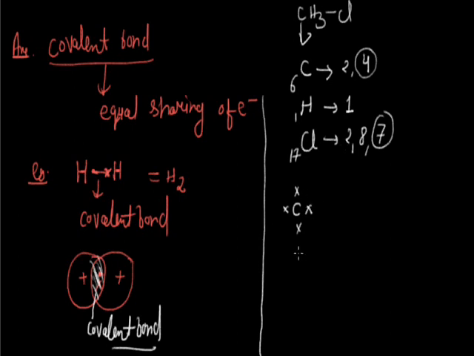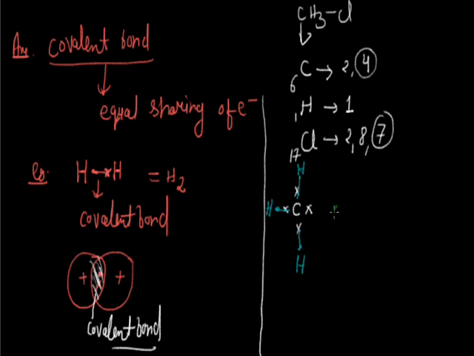Here are the 3 hydrogens, each with a single electron. One electron of the carbon and one electron of a hydrogen are equally shared, giving 3 covalent bonds. The fourth electron of carbon combines with the Cl.